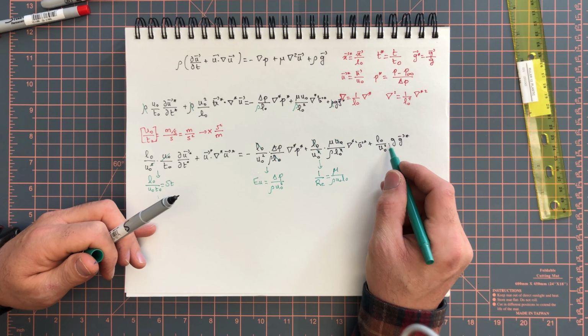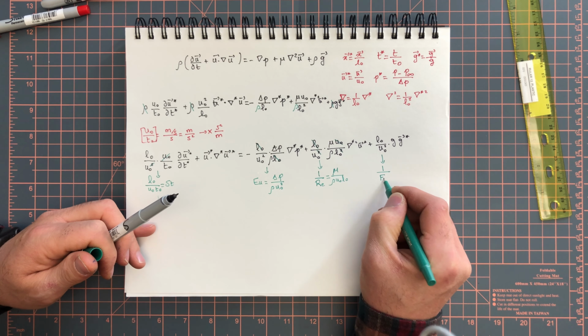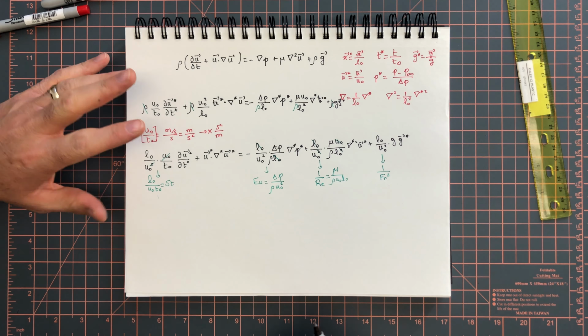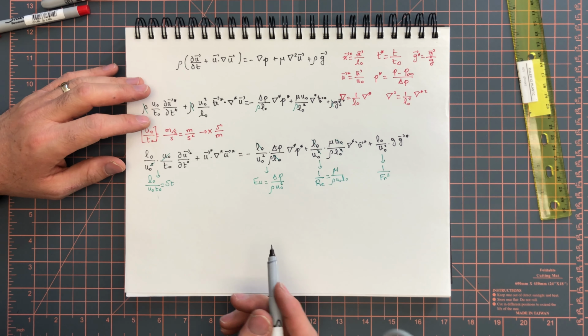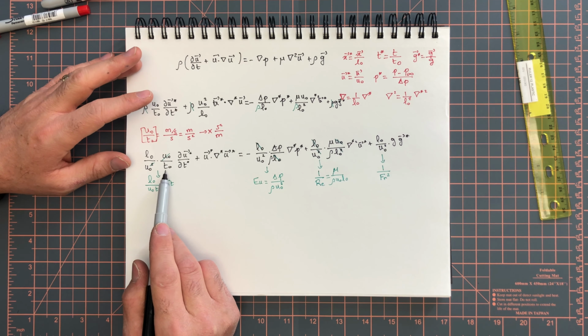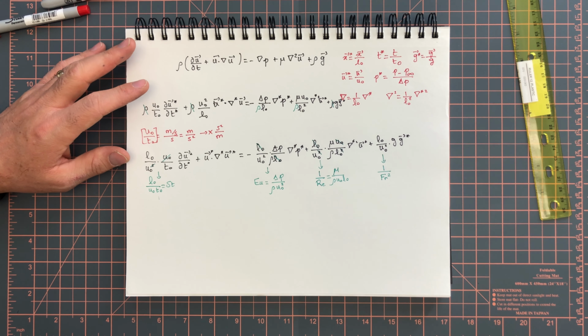And this guy L0 G over U0 squared, that is 1 over the Froude number squared. And then we get a much more general equation, or dimensionless form of the Navier-Stokes equations, without having to specifically choose T0 and delta P. We will choose those based on the physics.